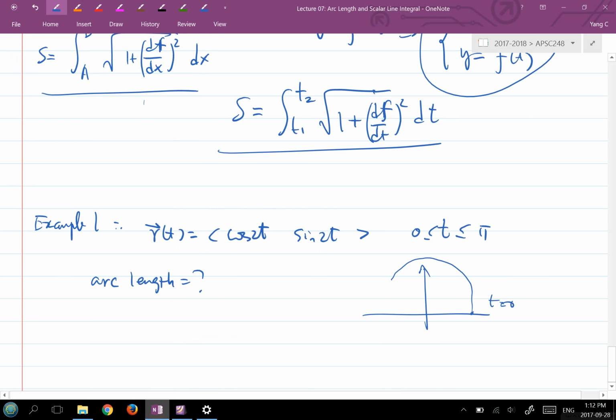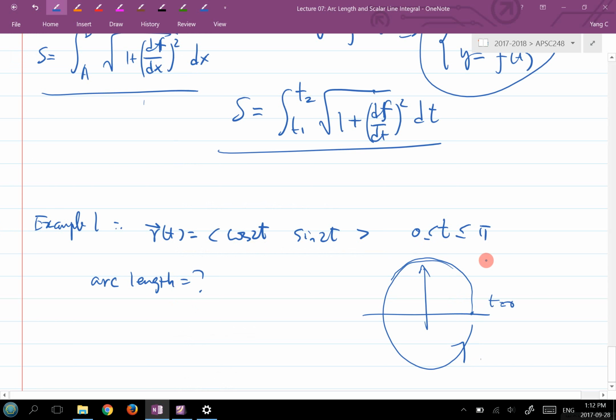But the question is, how does it go? It seems like it comes back to itself. Well, because this is 2t here, even though the upper limit is pi, that tells you it goes one round over this 0 to pi time duration.